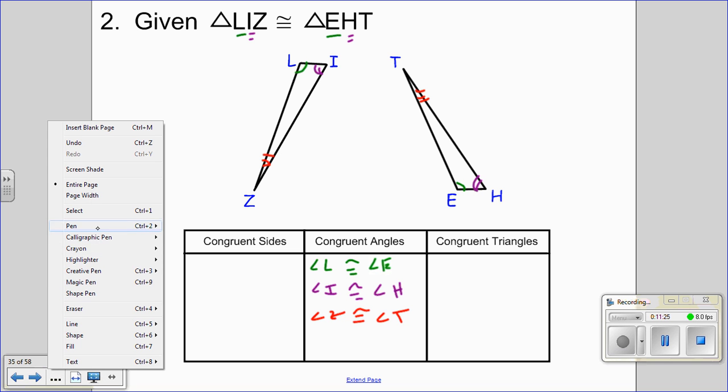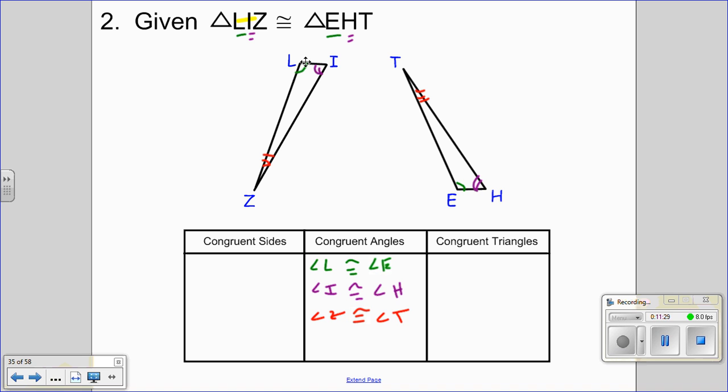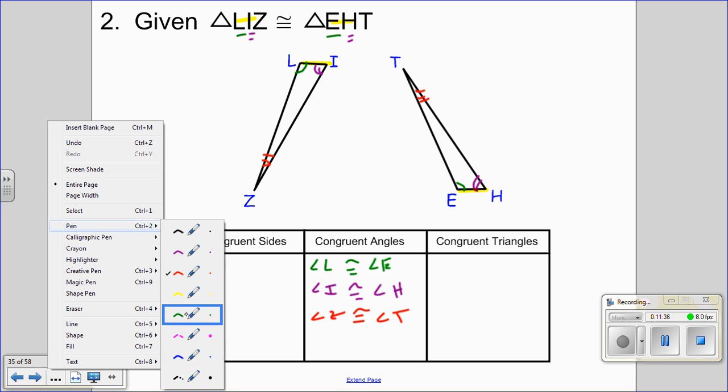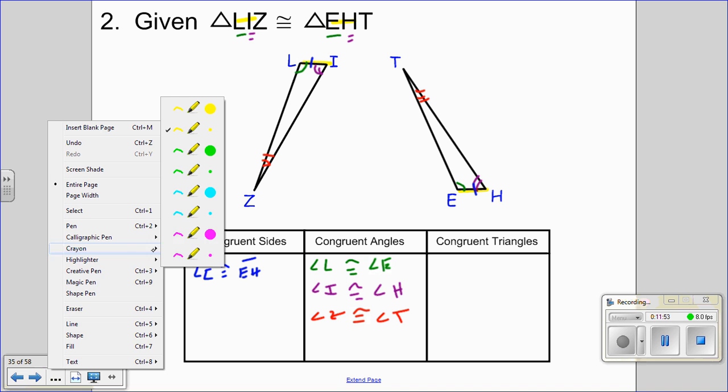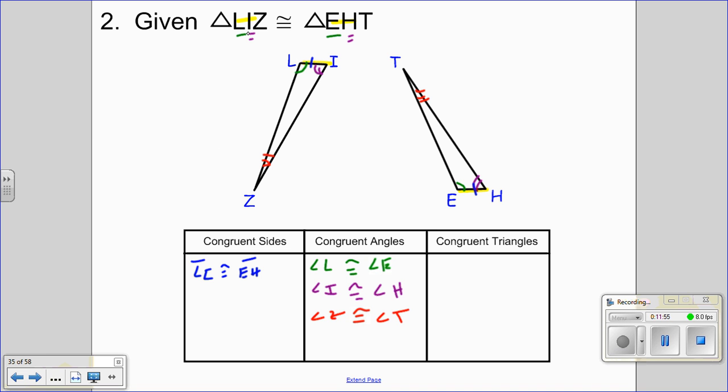Now let's label our sides. First would be LI together with EH. So I would give it one tally. So segment LI is congruent with segment EH. Next, you would have IZ with HT.